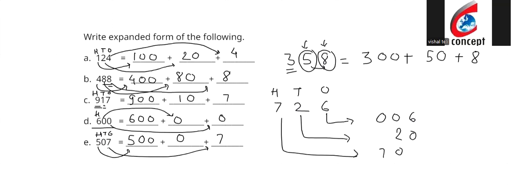Let me help you with more examples. Look at here. I have another number, 529. What will you do? First you check. 5 is in place 100. This 2 is in place tens and this is ones.